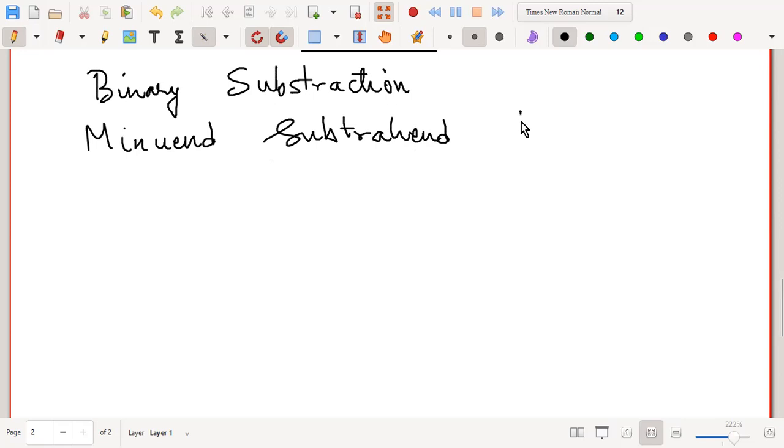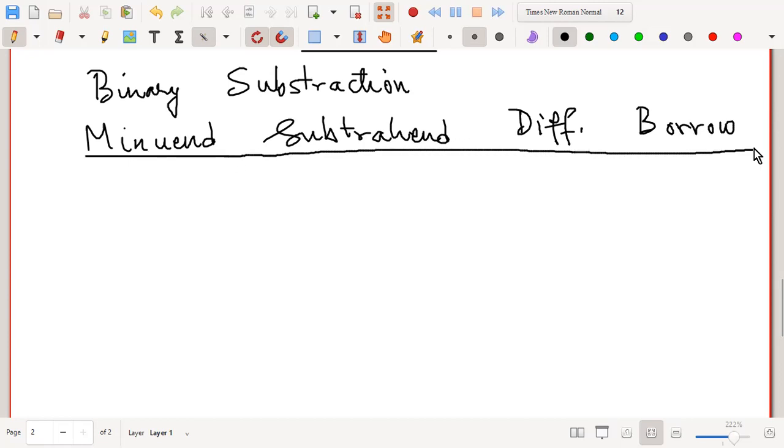And then we will have 2 things here. One is the difference, and one is borrow. Okay. Now in a subtraction, we will not have carry, we will have a borrow, whether you need to borrow any number to subtract one number from the other. That is why we will have a borrow here, not the carry.